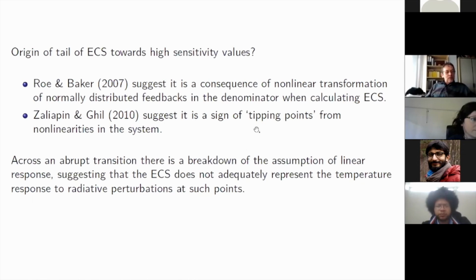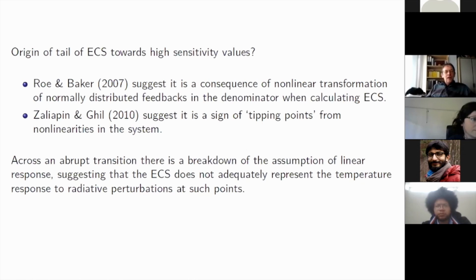So Zaliapin and Ghil responded to this, and there was quite a flurry of responses going backwards and forwards, because they pointed out actually you can get extremes of sensitivity from tipping points and non-linearities in the system.